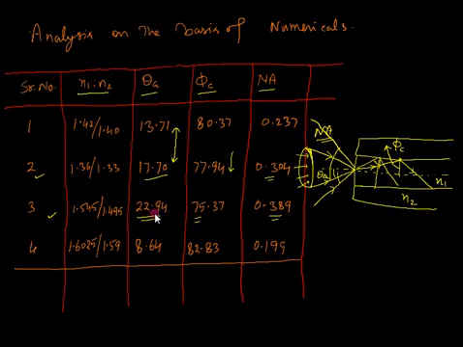So if the acceptance angle is larger, obviously the critical angle will be smaller. Where the acceptance angle is smaller, you can see the value of the critical angle is larger.